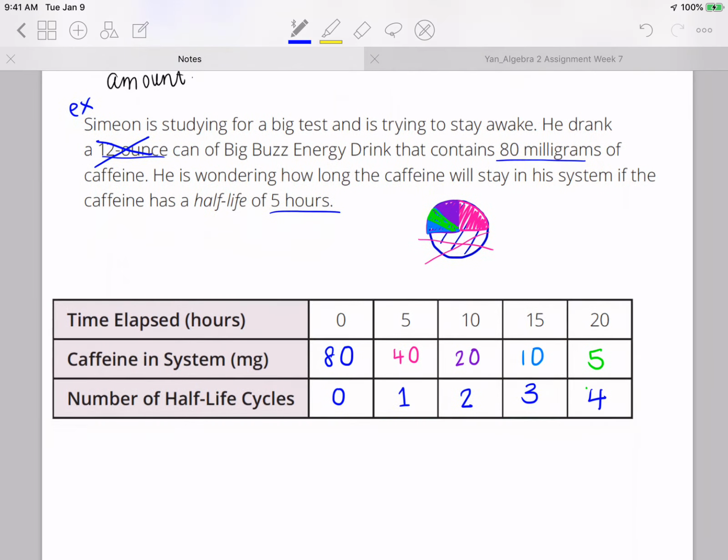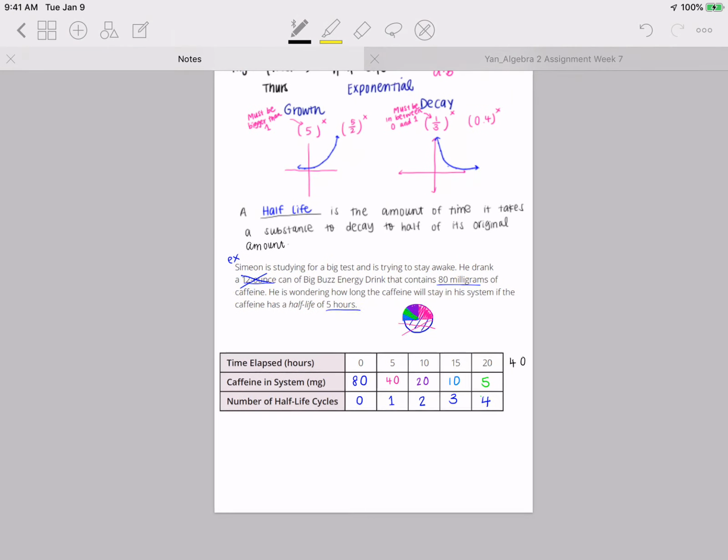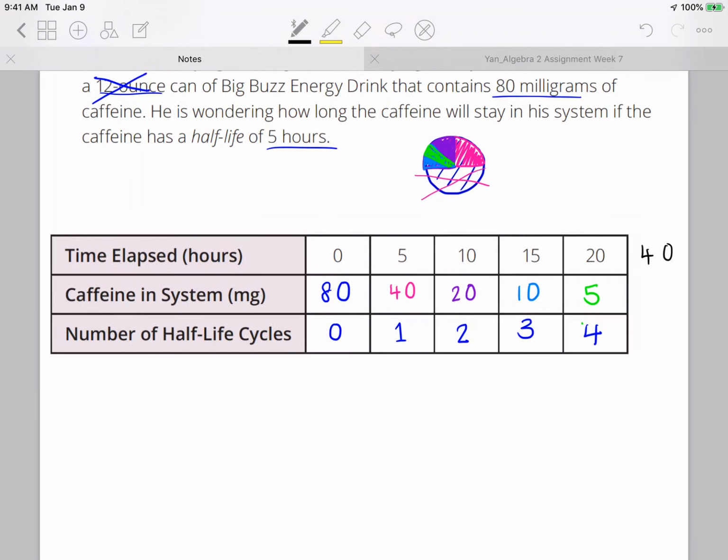Okay, so let's talk about a formula. How do we come up with a formula to figure out what if we want to check after 40 hours, how much is left? Or what if after 100 hours, how much is left? There should be a formula there, and this is very similar to our previous formula up there.